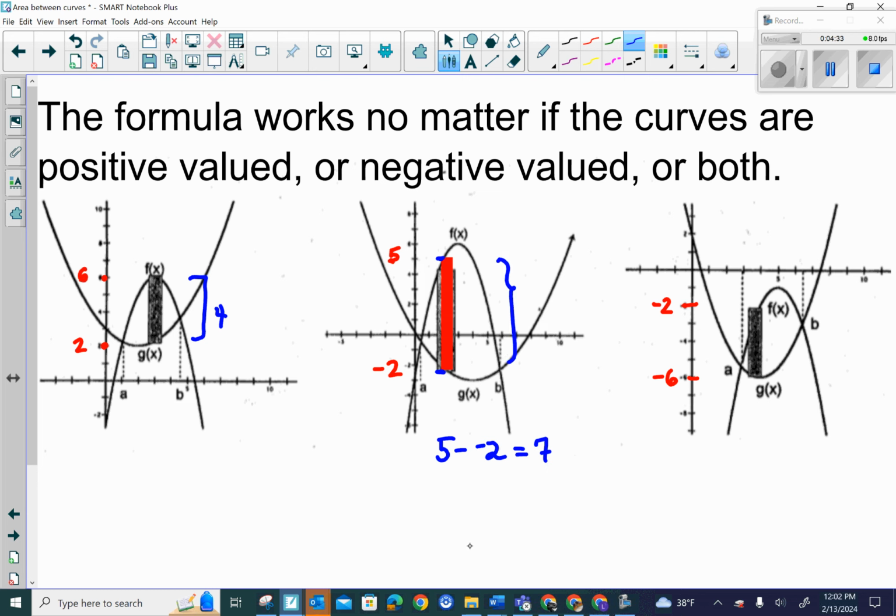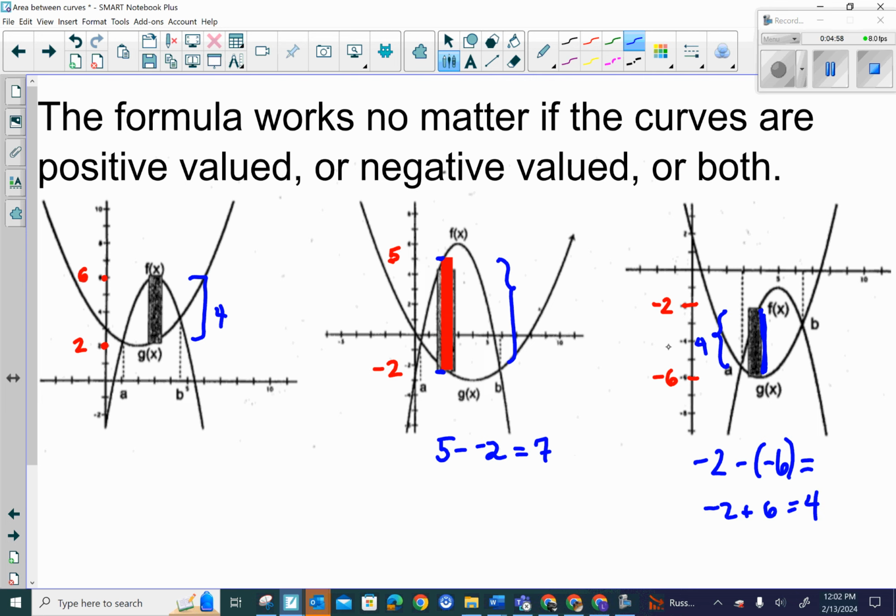So the signs kind of take care of themselves if you just subtract upper function value minus lower function value to get that height. Same thing here: -2 minus -6 for that height that we see right there is equal to -2 plus 6, or 4, which is that height.